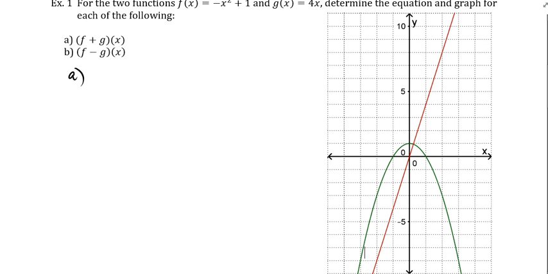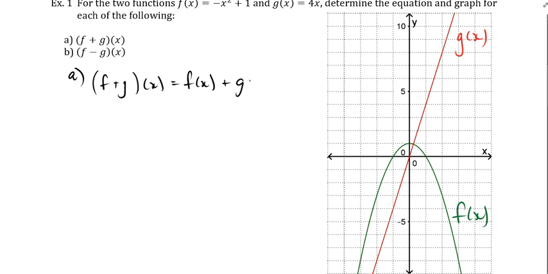So let's see, which one's f at x? This is f at x. For part A, it doesn't really matter which one's which, because when you're adding, f plus g at x is the same as f at x plus g at x.